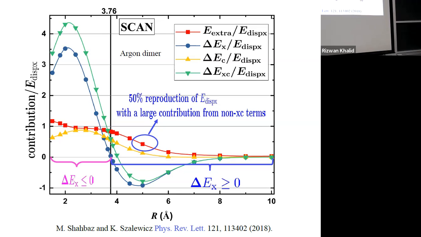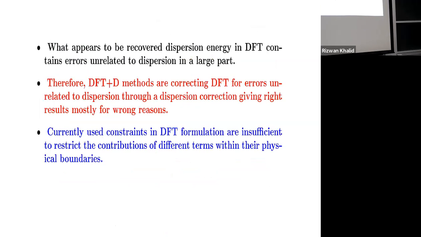That's why the current state of the art DFT functionals need more constraints to restrict the behavior of each term within their physical limits. So what appears to be the dispersion energy from DFT actually includes the dispersion energy recovered by DFT methods plus errors of the other terms. And DFT+D methods are adding a correction for the missing dispersion energy plus errors of the other terms, which means you are getting the right results for the wrong reasons. That's all.